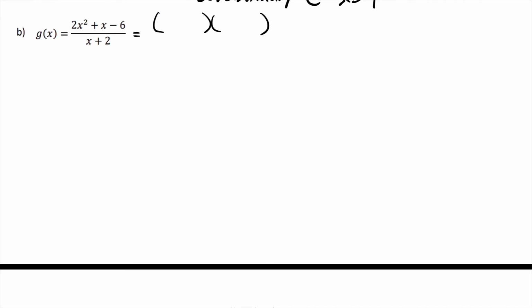Okay, so let's see. I'm going to factor the top. The bottom doesn't factor. It's just x plus 2. So let's see. Multiply to be negative 12, add to be 1.